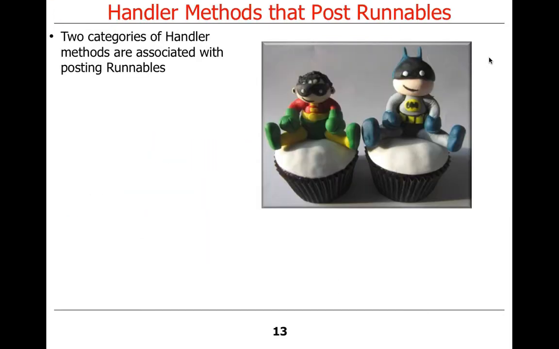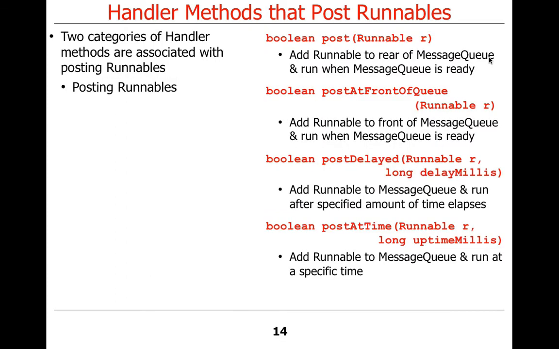All right, so there are two categories of handler methods that we can use for posting runnables. Here's a bunch of them. They're all called post in one way or another. So there are some methods used to post runnables that run as soon as possible. Post puts it at the rear of the message queue. Post at front of queue puts the thing at the front of the queue, so it goes earlier.